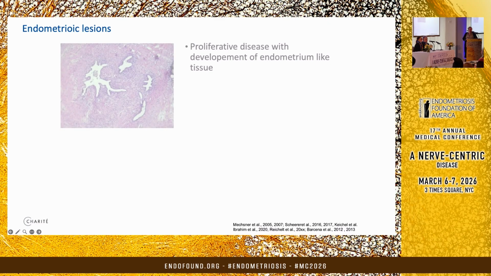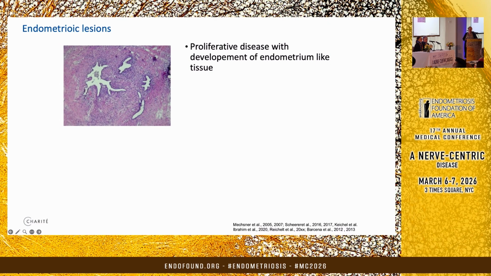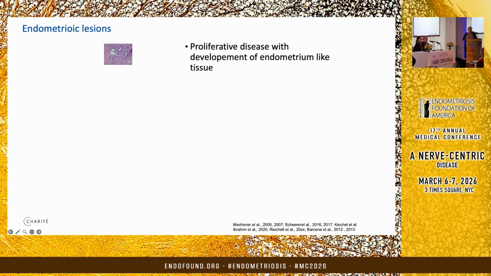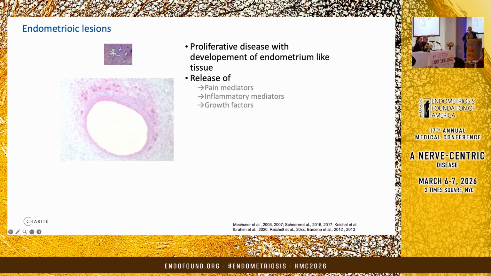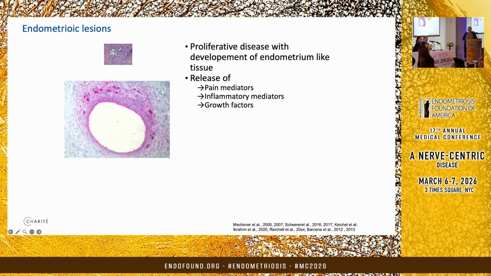So endometriotic peritoneal lesions are a proliferative disease, but not only this. And I think we miss a lot of information because of the HE staining, because there's nothing to see. But when we are doing stainings for pain mediators, inflammatory mediators, growth factors, we see that peritoneal lesions are highly active.